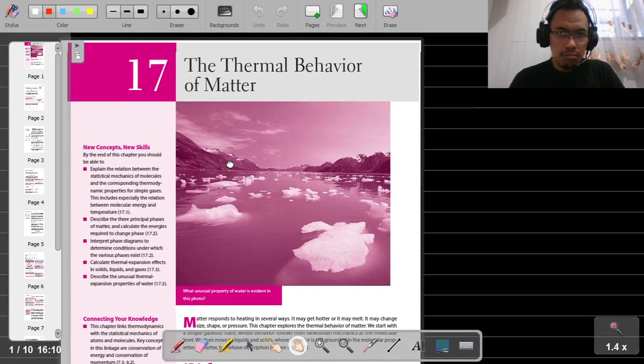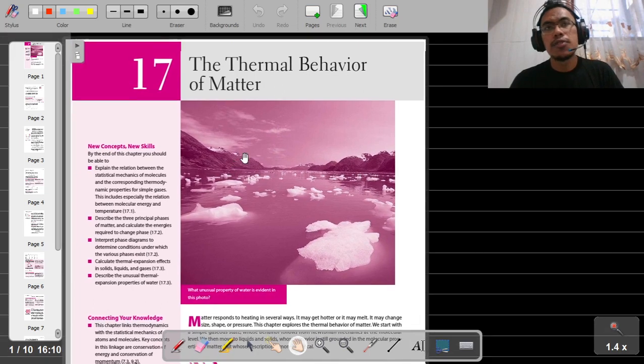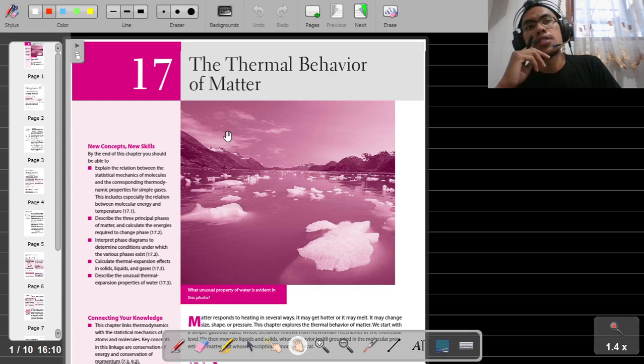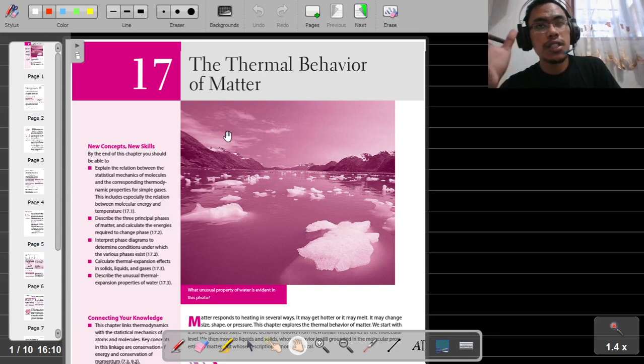And as we know, the first thing that we get by giving a certain amount of heat to matter or to material is that the temperature will be higher, compared to when we do not give any heat to the material.